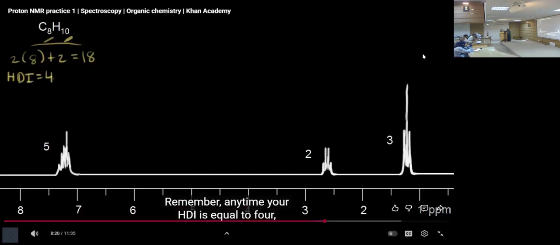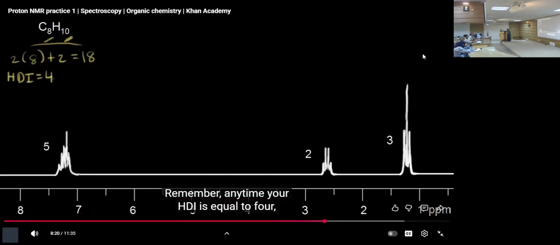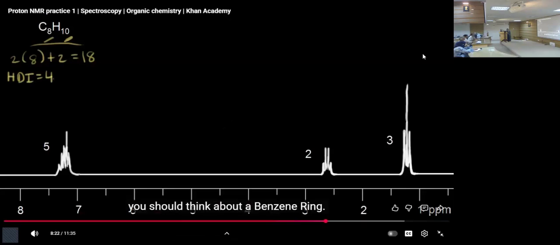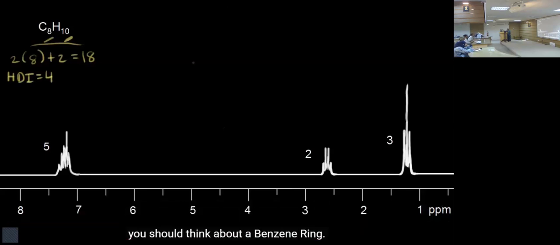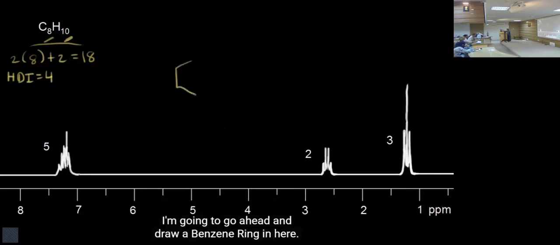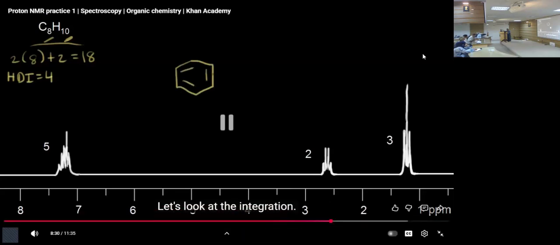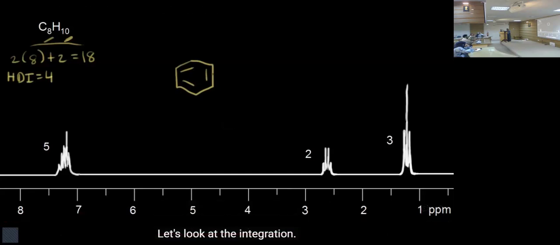Remember, anytime your HDI is equal to 4, you should think about a benzene ring. So I'm going to go ahead and draw a benzene ring in here. Sometimes we do not always need to calculate using the formula.